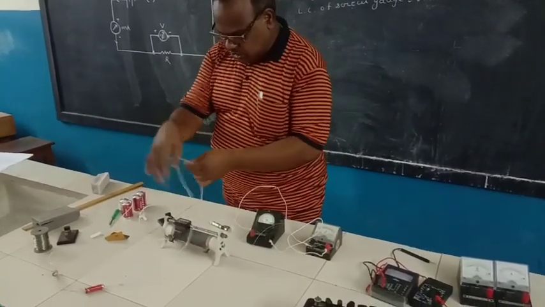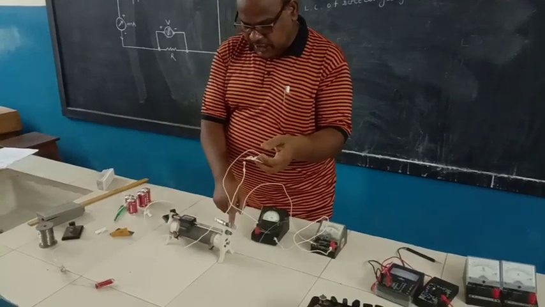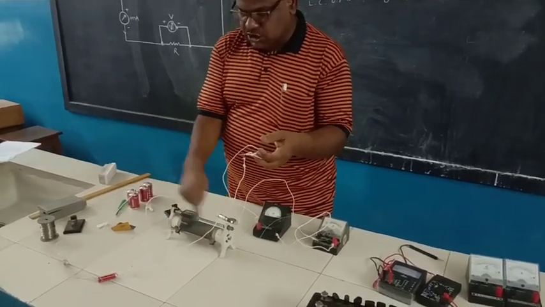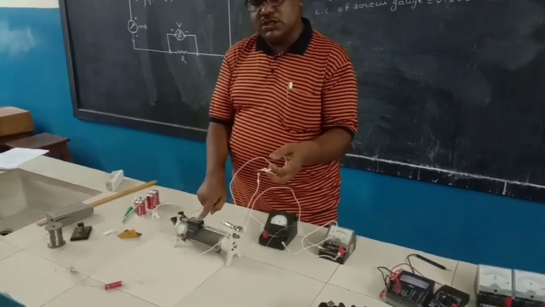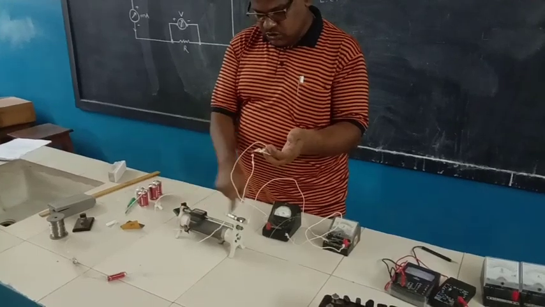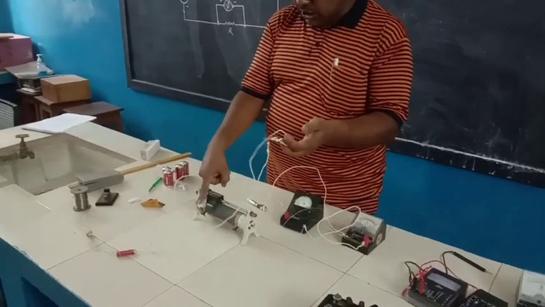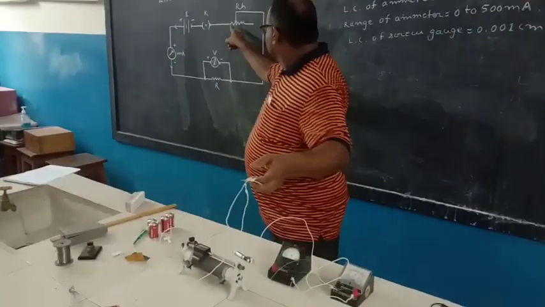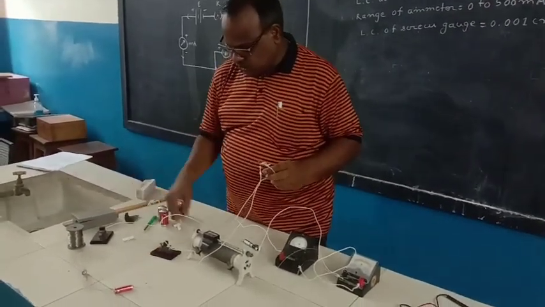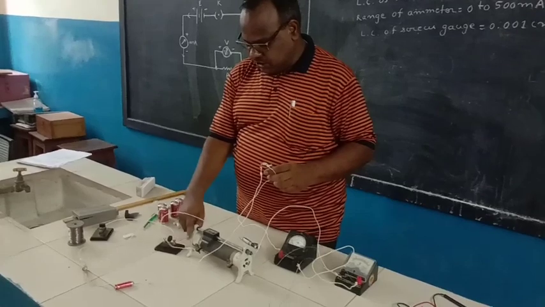Do not connect the other end of the rheostat here. If you connect at this point and at this point, this will be parallel, so no deflection will come. One will be connected here and one here. The other end of the rheostat will be connected with one end of the key.